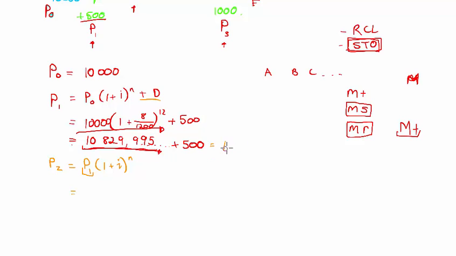So what is the value that I'm going to put in for P1? Oh, sorry, I should have done this. This is 11329.995. So P1 is 11329.995.